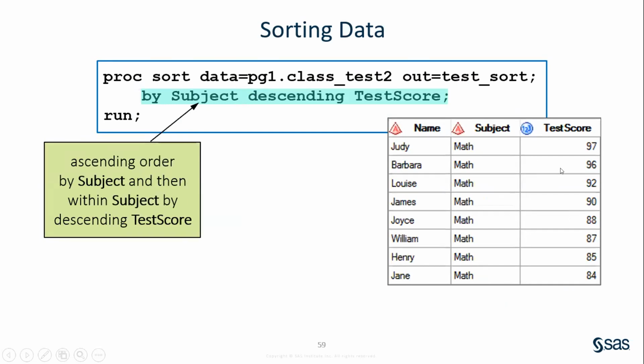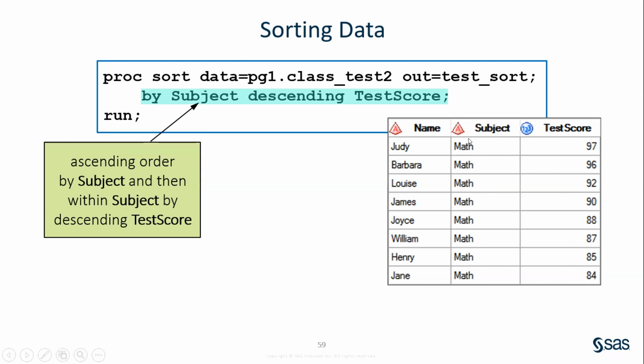Now if you write another column called subject, then it will be ascending order of subject and within subject, descending order of test score. So see all values of subject by default alphabetically arranged in this way, and within this, test score.